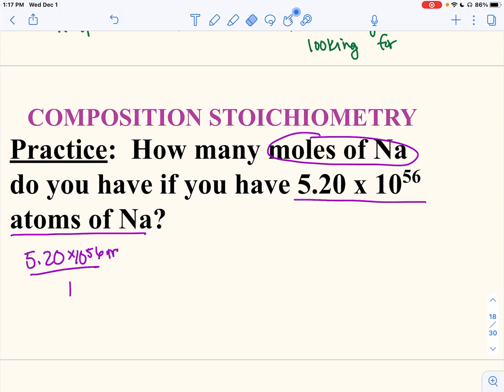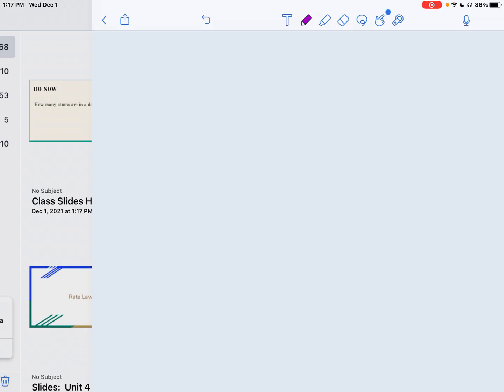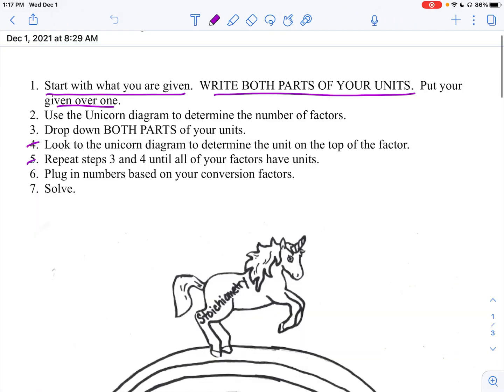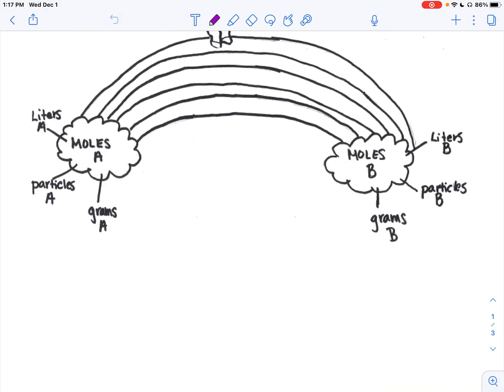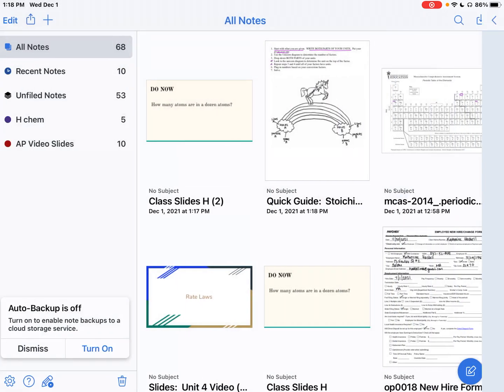Oops, atoms. And then we go to the unicorn diagram to figure out how many steps, or how many factors, we need. We are at particles, and we want to go to moles. Since they are connected, we just need two factors.